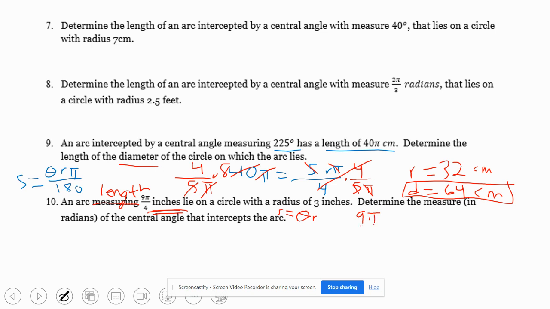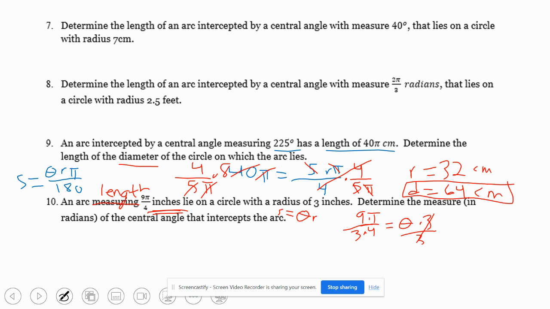So I'm going to plug that in on this side, equals the measure of the angle times the radius, and the radius is 3. So here, in order to get the variable by itself, all I have to do is divide by 3. And so I'm just going to put that 3 down here in the denominator of a fraction, right? That's what dividing is, putting in the denominator.